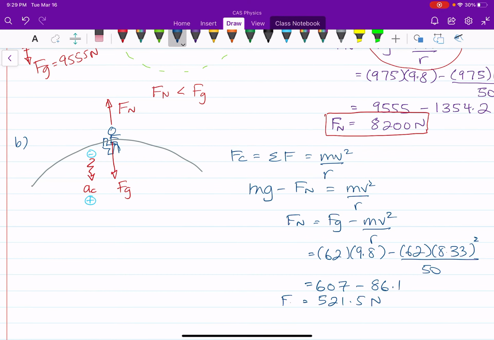So again, the person feels lighter. The normal force is 607 newtons, but the person feels like they're only 521 newtons.